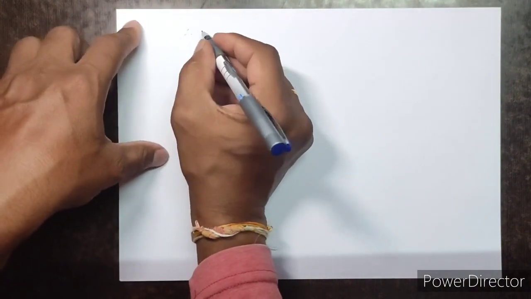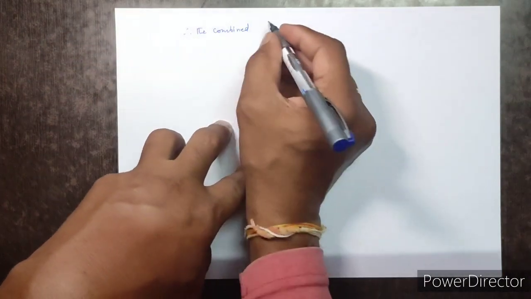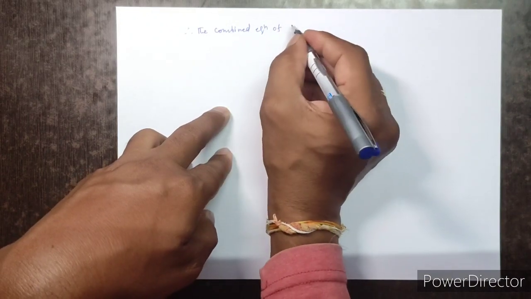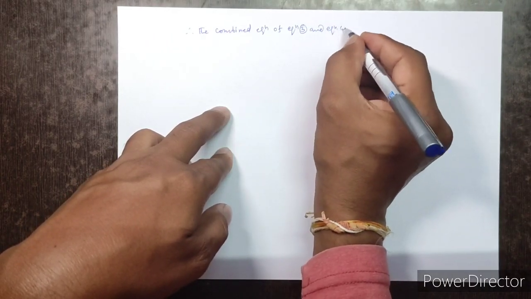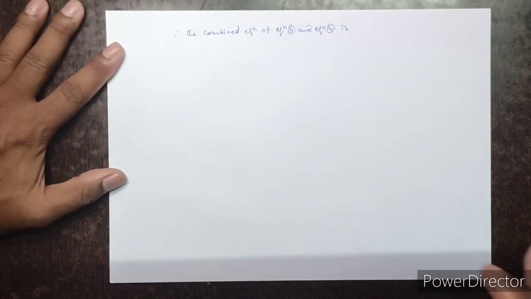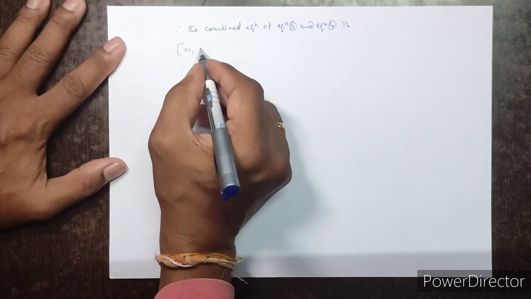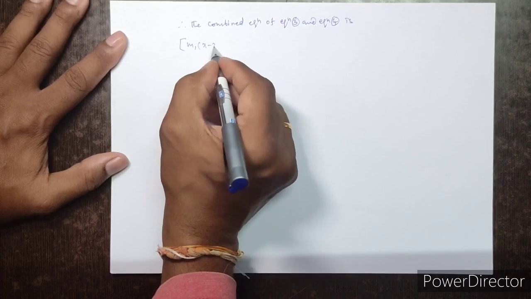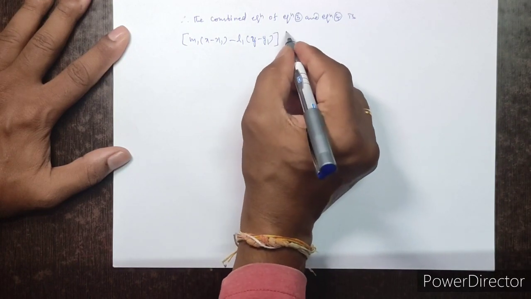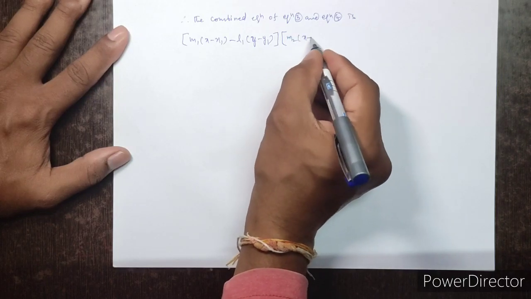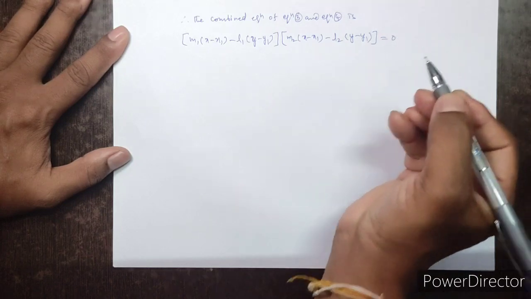Therefore, the combined equation of equation number 3 and equation number 4 is: equation number 3 is nothing but m1 of (x minus x1) minus l1 of (y minus y1), into equation number 4 which is m2 of (x minus x1) minus l2 of (y minus y1), equal to 0.